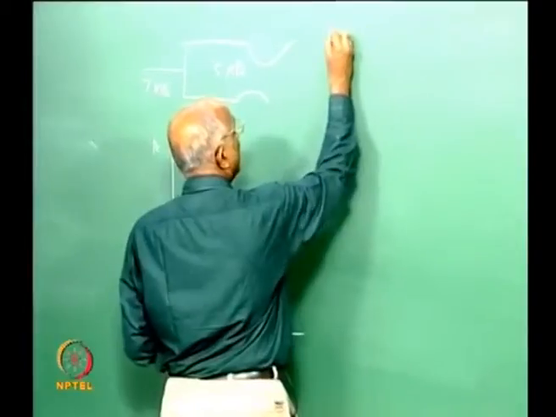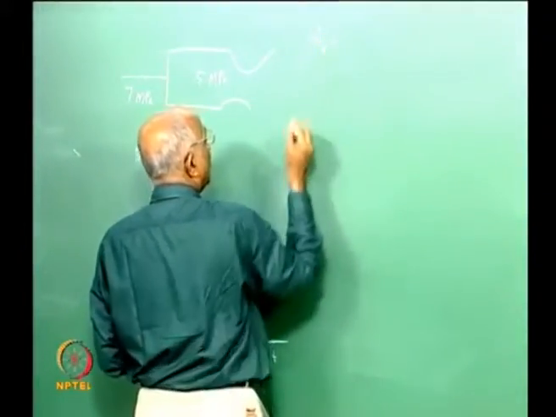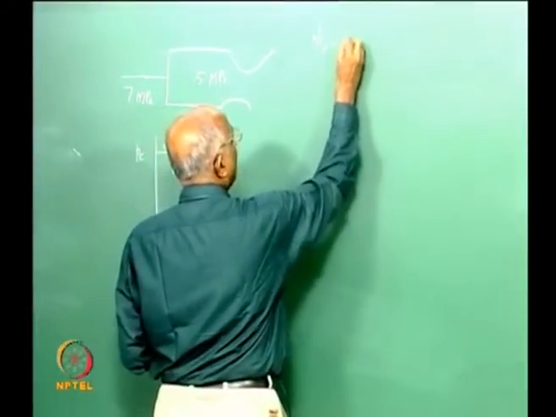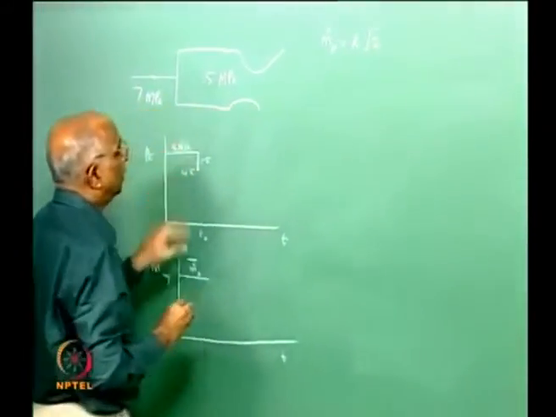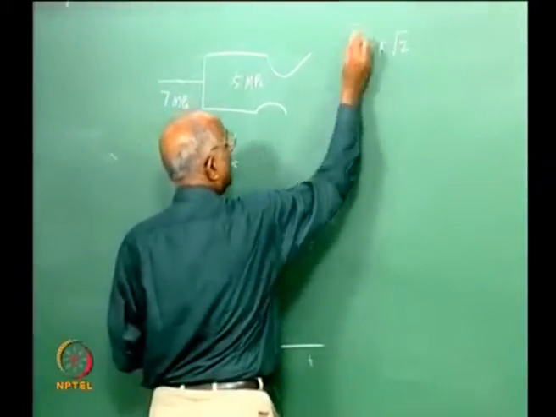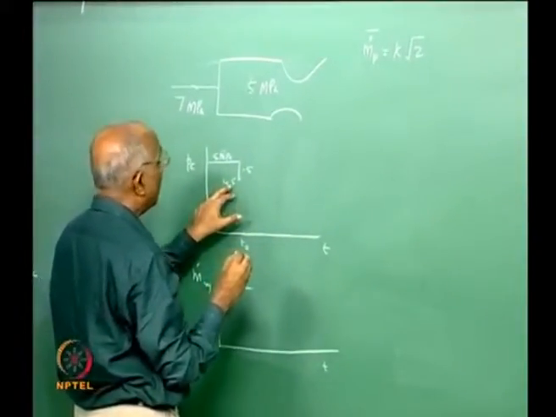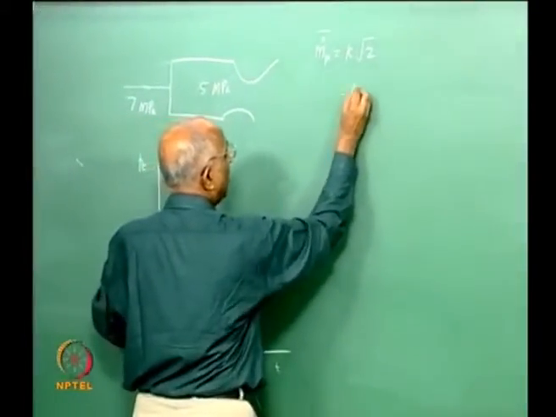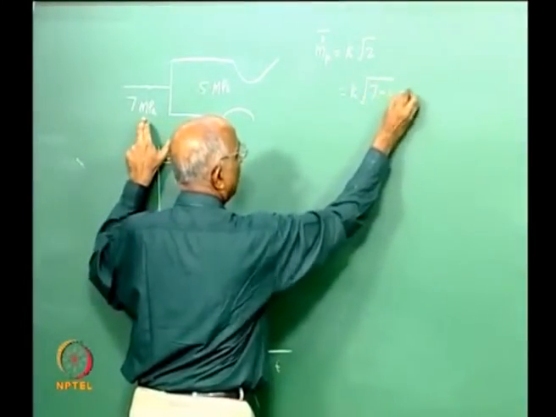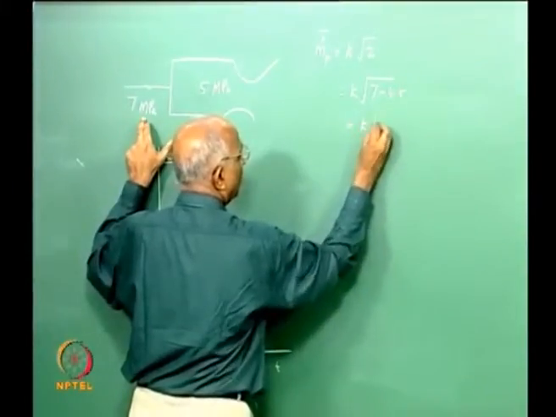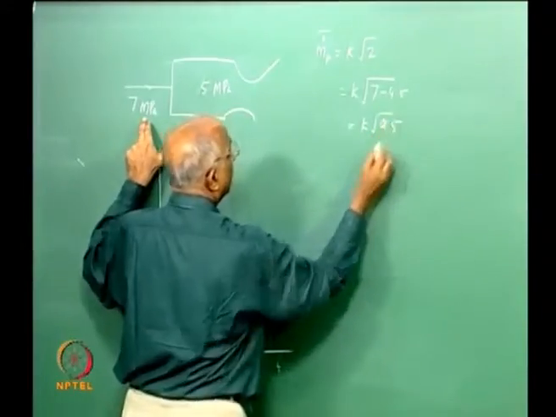Now m dot p, which is injected, under steady conditions is equal to k root 2, and this is the steady value. When the chamber pressure has been reduced to 4.5, it is going to become k into root of (7 minus 4.5), that is k into root 2.5.